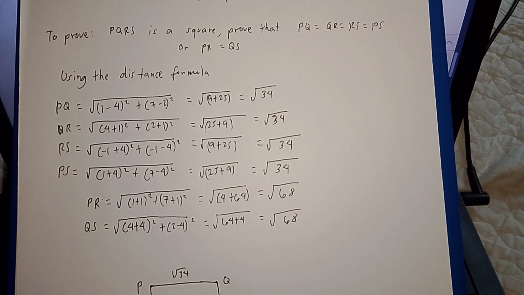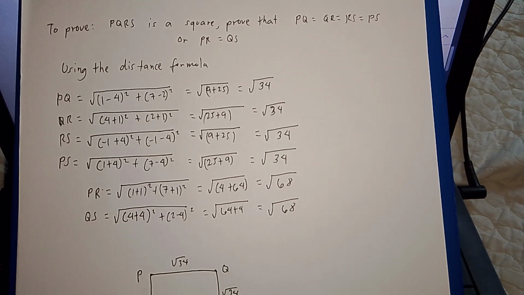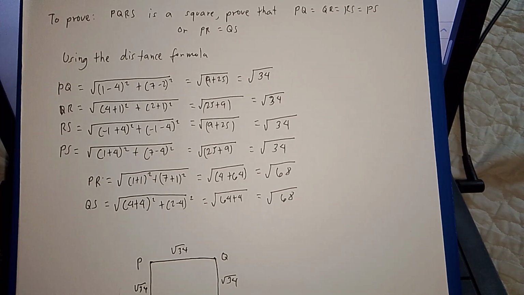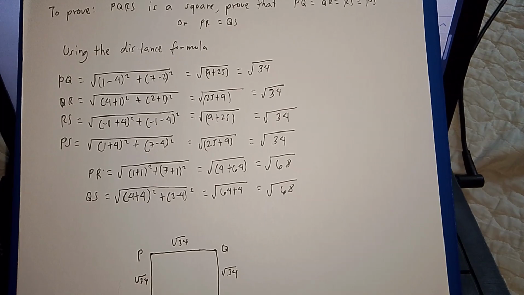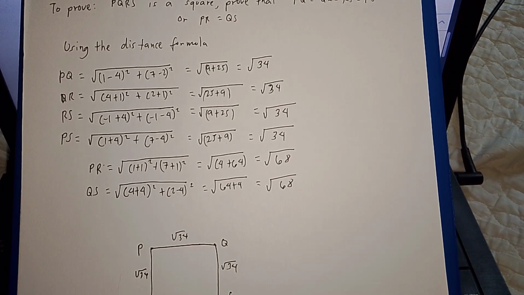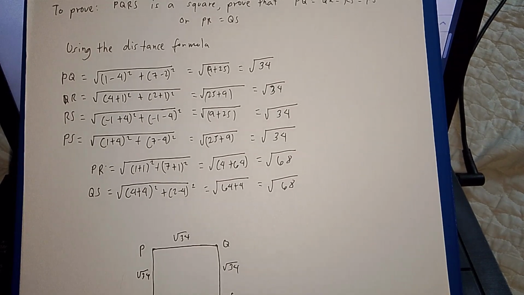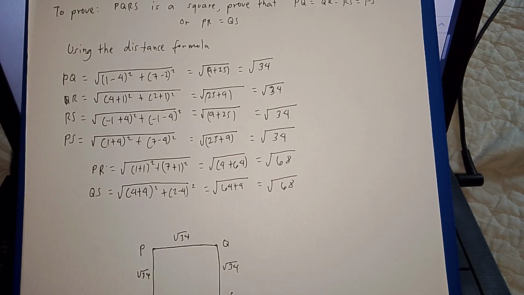So the square root of negative 5 squared plus negative 3 squared. So again, what we did on side PQ, we need to solve the exponent or the squared. So we have the square root of 25 plus 9, and then like what we did in the PQ, we add the numbers 25 plus 9, that is equal to square root of 34.